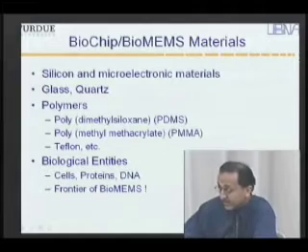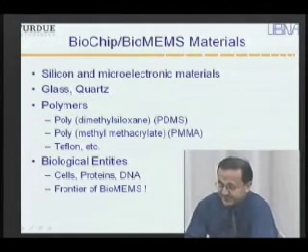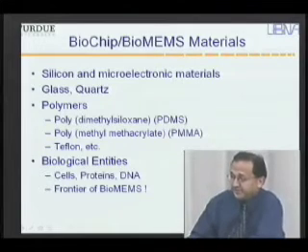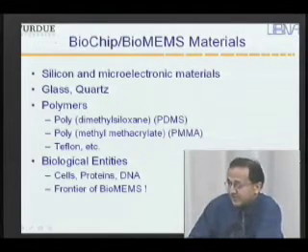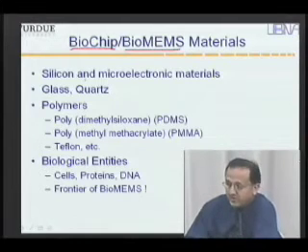So let me briefly talk about the materials that are used to make these sensors and these systems. So materials that are used to make biochips or BioMEMS. Certainly silicon and the microelectronics materials that are used to make standard MEMS are all included. I mean, we do use silicon devices and related materials like oxide, nitride, polysilicon to make these biochips and sensors.